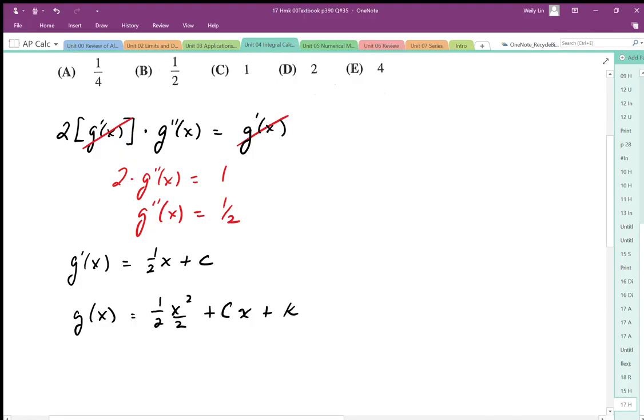So I now have an expression for g. I'm just going to simplify this. x squared over 4 plus cx plus k.